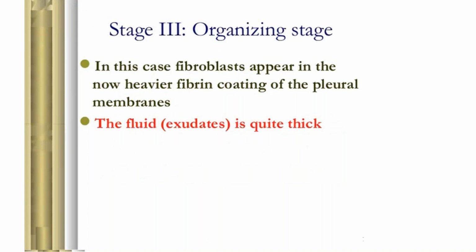Organizing stage. In this case, the fibroblasts also appear in the now heavier form. Where there is fibrin deposition, the fluid exudate becomes very thick, and there is loculation and septa formation due to the fibrin.